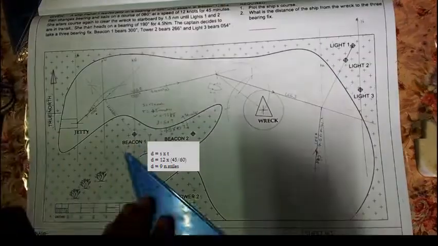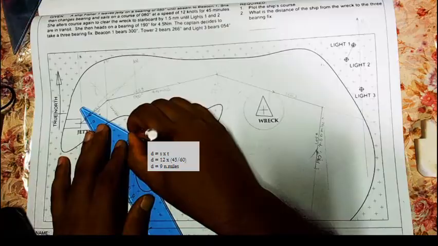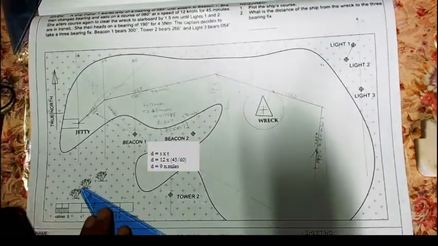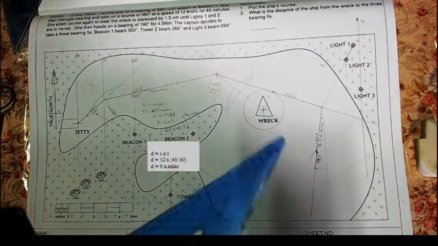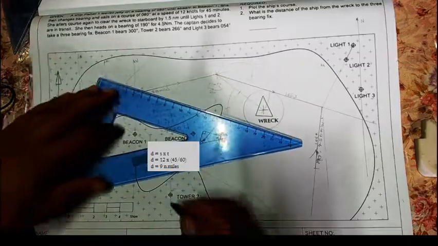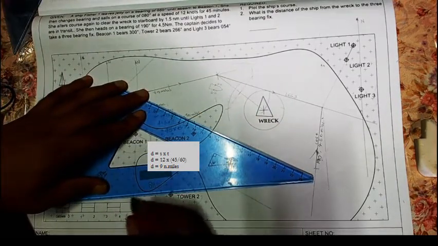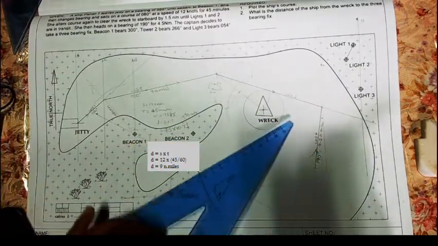Now I'm going to join the lines. So beacon was 300 degrees, but when I join the line, I'm going to extend it in the opposite direction. Right, so 300 degrees I have extended it down. Same thing I'm going to do for tower 2 and light 3. So that is tower 2 and the last one is light 3.